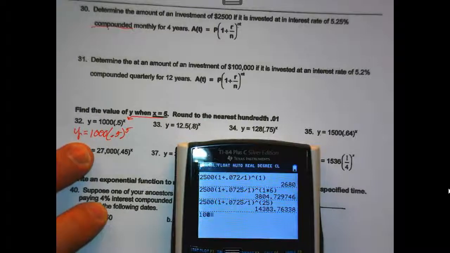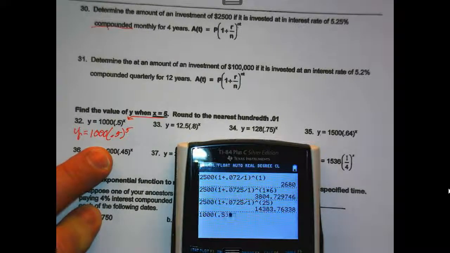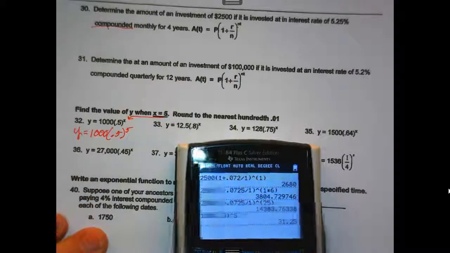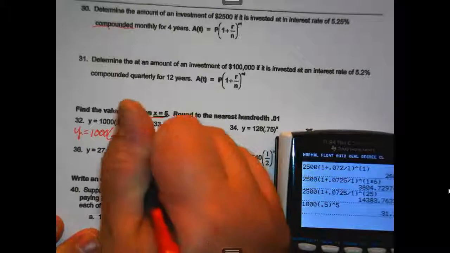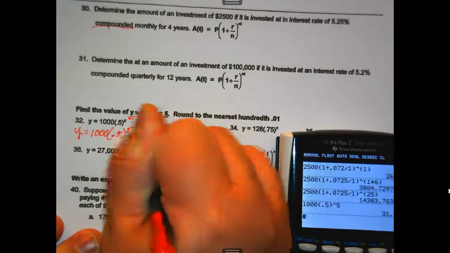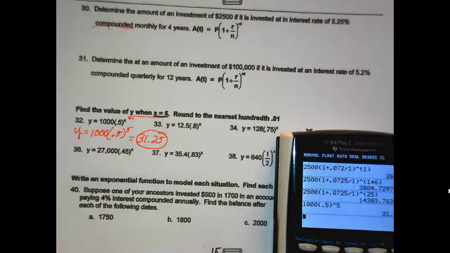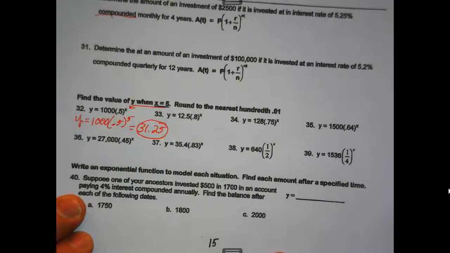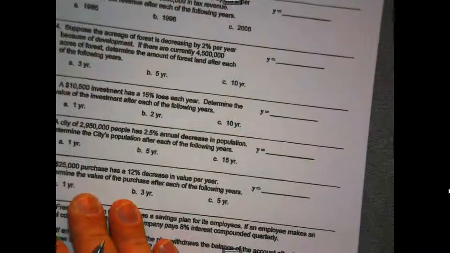So I got 1,000 times 0.5 raised to the 5 is 31.25. So these are relatively easy. I'm trying to find a simple interest one.